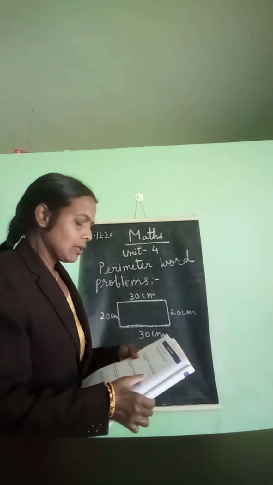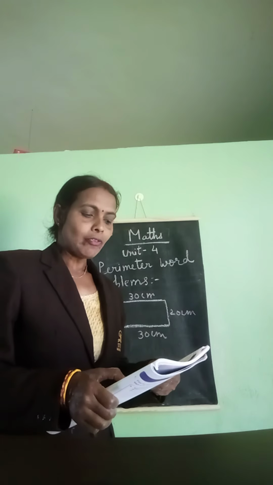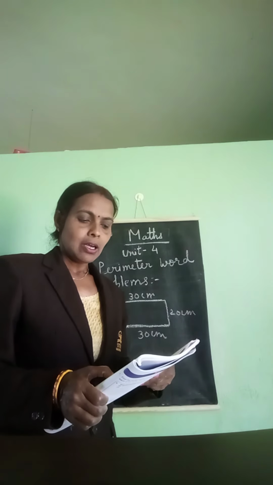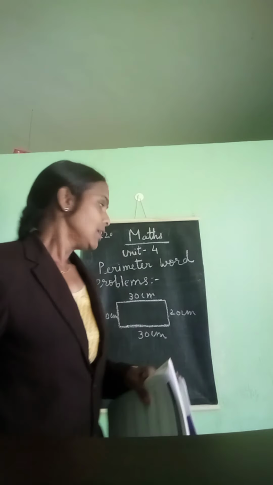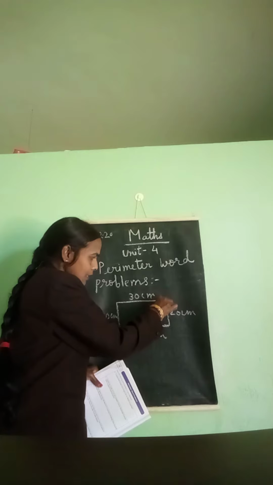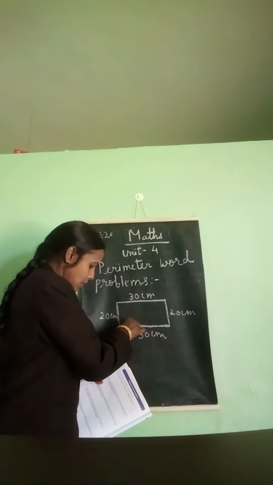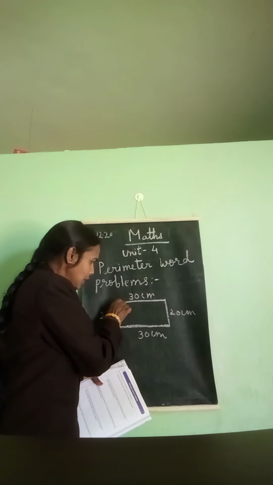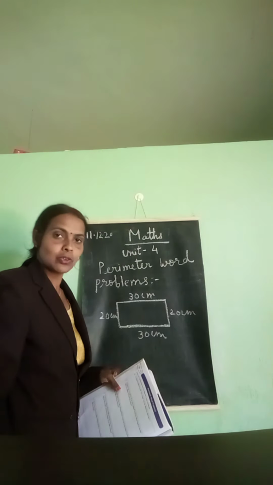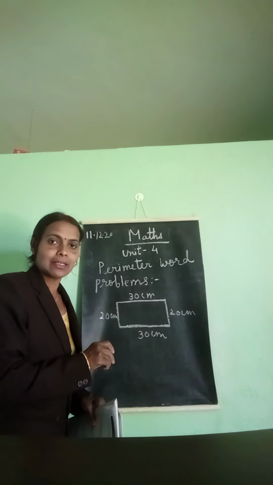Now what has been asked here? What length of wooden frame is needed to frame the picture? So they want to put a wooden frame around the picture. So what you have to do is find the perimeter.